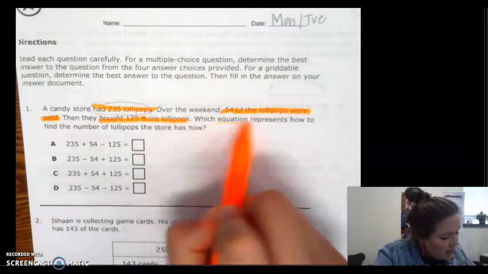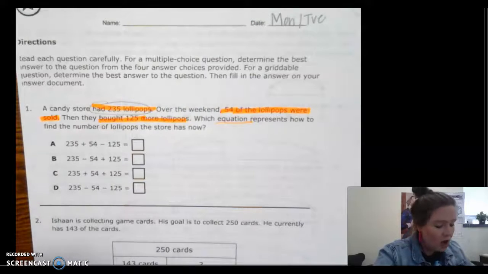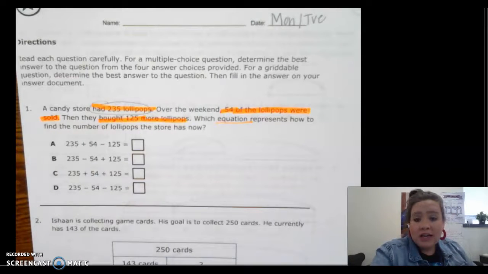Which equation represents how to find the number of lollipops the store has now? All right. Which equation? This question is not asking us to solve the problem. We are not looking for a number that represents how many lollipops the store has. We are looking for the number sentence or the equation that you would use to find the answer.